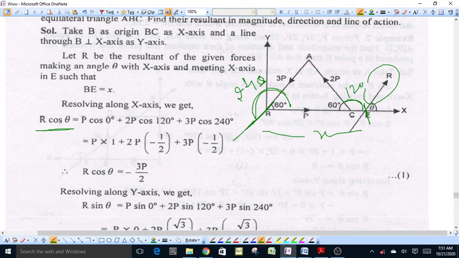Now by putting the values of cos 0, cos 120 and cos 240, we get R cos theta equal to P into 1 plus 2P into minus half plus 3P into minus half, that is, R cos theta comes out to be minus 3P upon 2.